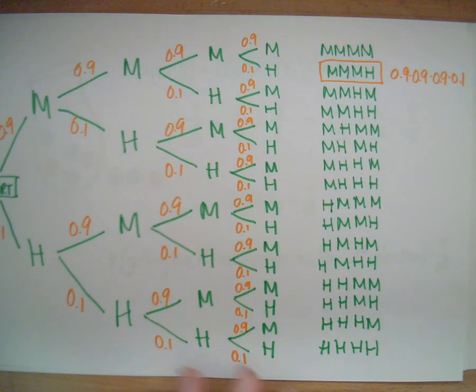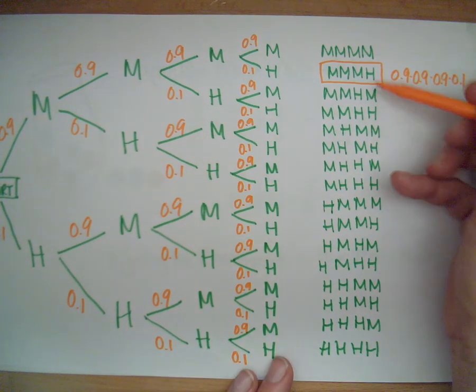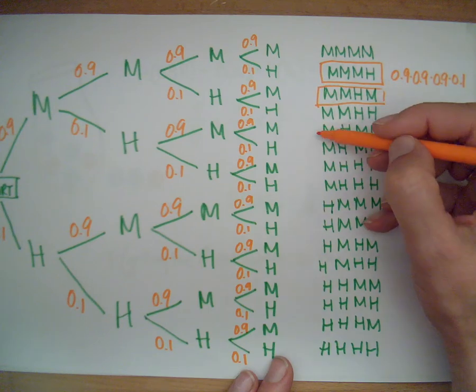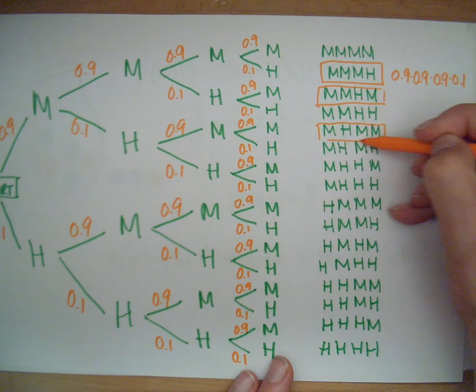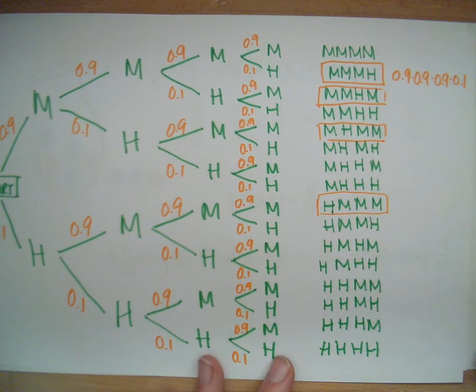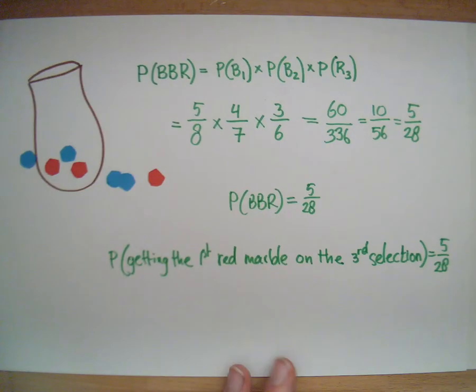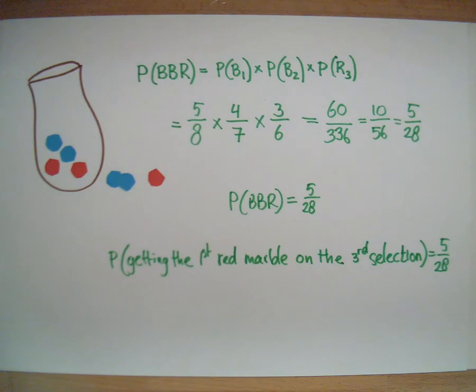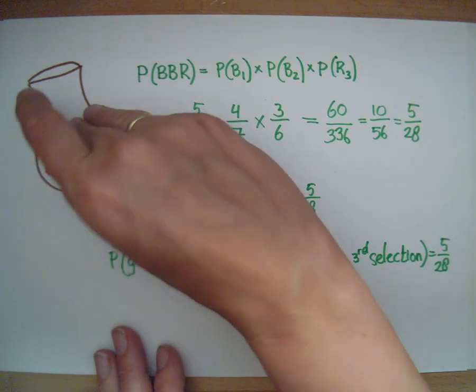Then we would have to add multiple probabilities out of the probability tree, right? And then it would be more complicated. But because there's only one way of getting the first red marble on the third attempt, that's why it's fairly easy.